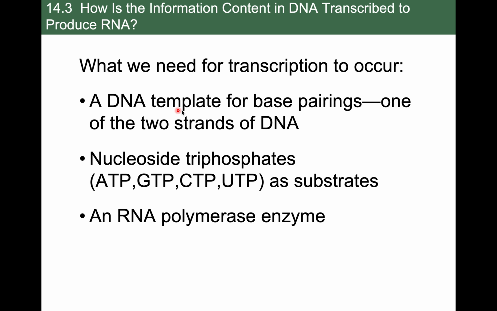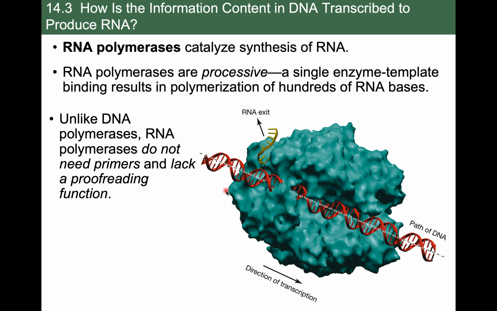Of course, we do need a DNA template to start with, some DNA to transcribe, and then we also need some nucleotides. In this case, we would have nucleotides that have adenine, guanine, cytosine, and uracil instead of thymine. But as long as we have those things, we can transcribe.